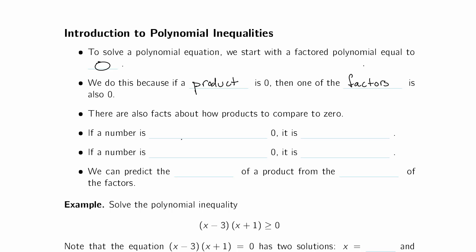We also have facts about how a product compares to 0. If a number is less than 0, that means it's negative. If a number is greater than 0, that means it's positive.